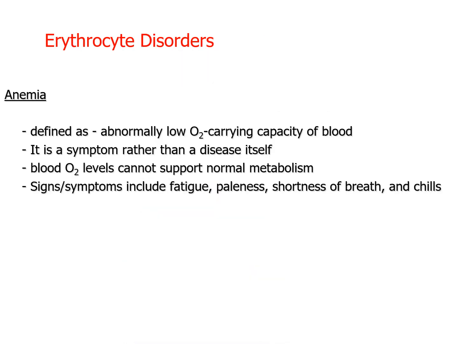Okay. There are many disorders. Some of these are overlapping. Abnormally low oxygen carrying capacity in the blood is the definition for anemia, but it's a symptom rather than a disease.